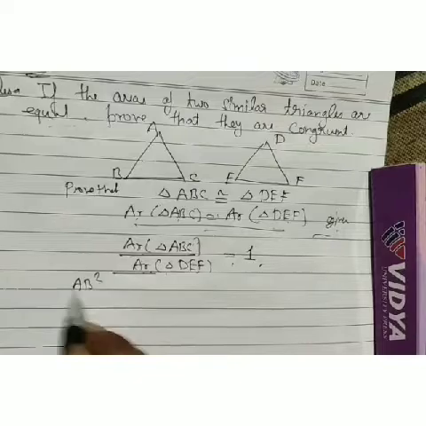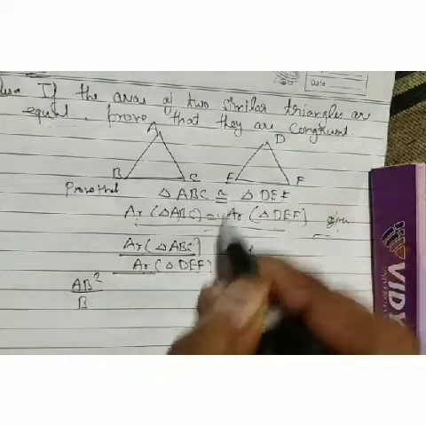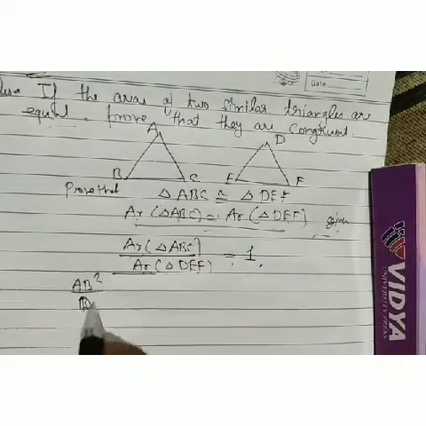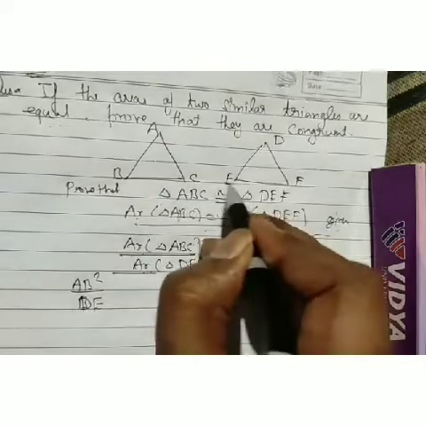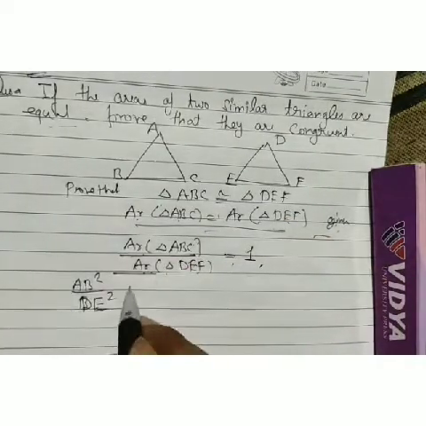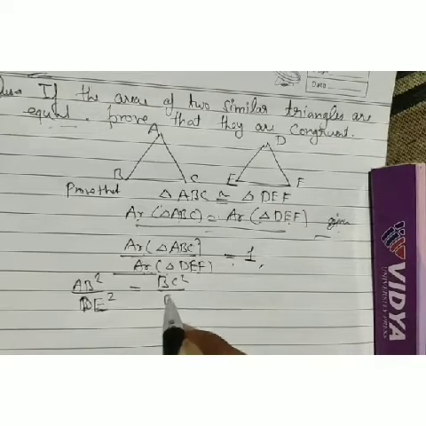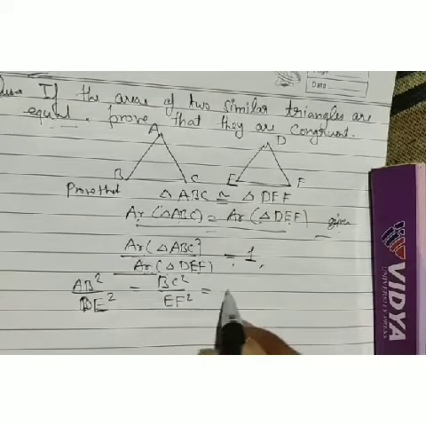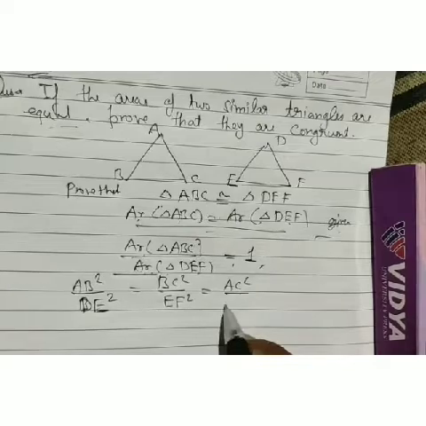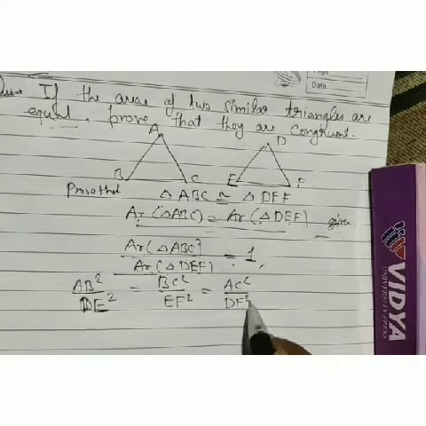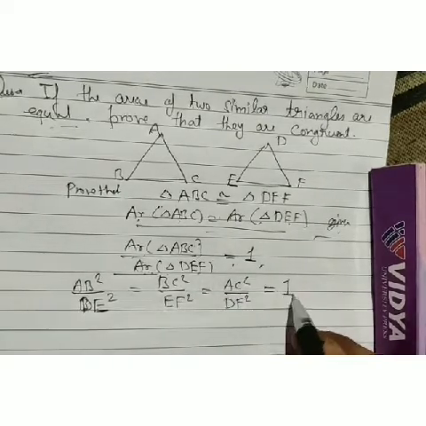Now we take AB square is to DE square is equal to BC square is to EF square and AC square is to DF square, and all these are equal to 1.